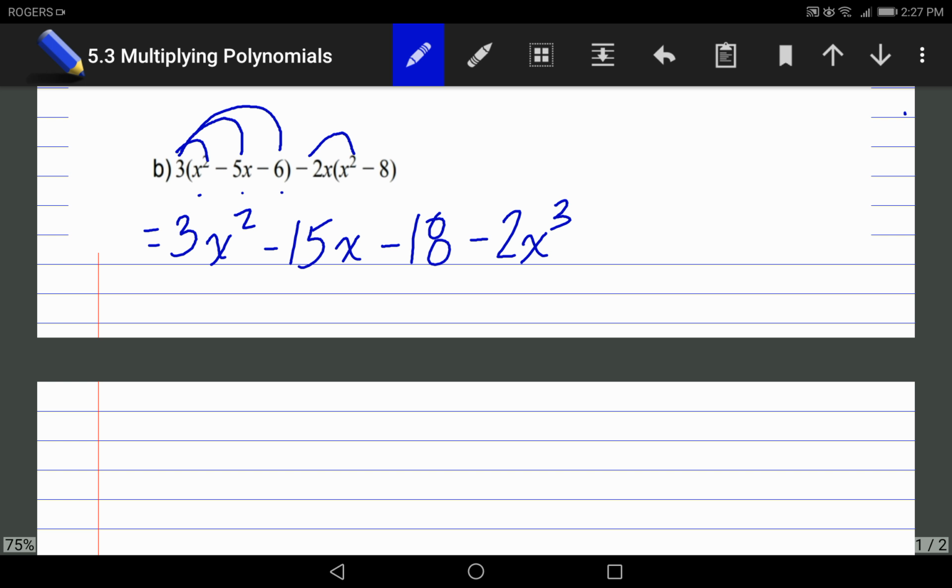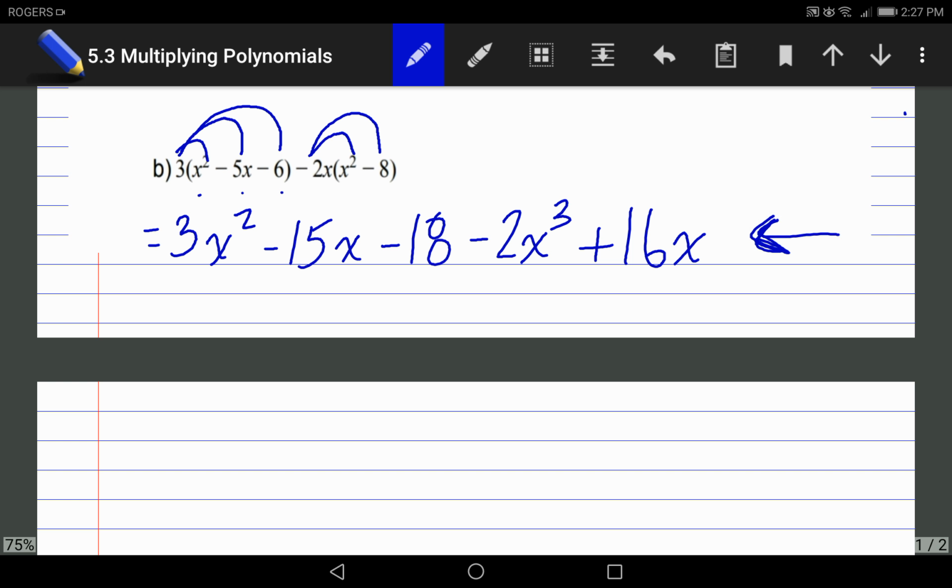And then do negative 2x times negative 8, which becomes positive 16x. Don't forget that x there, right? It's negative 2x times negative 8 is positive 16x. We now got rid of all the multiplication, and now this is like a question from last lesson, right?